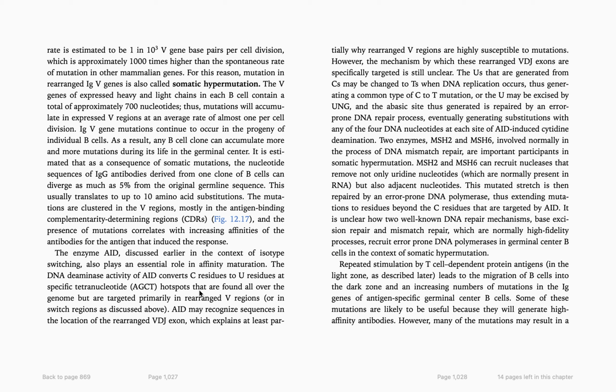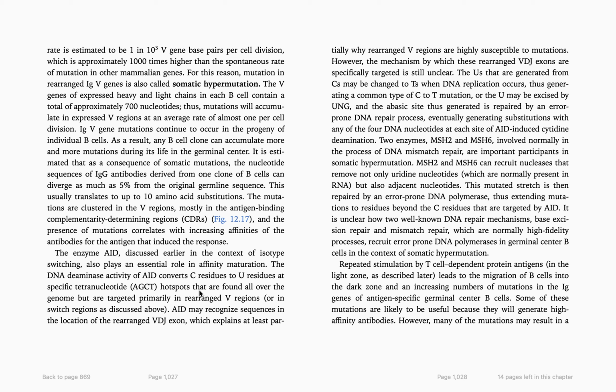Two enzymes, MSH2 and MSH6, involved normally in the process of DNA mismatch repair, are important participants in somatic hypermutation. MSH2 and MSH6 can recruit nucleases that remove not only uridine, a nucleotide normally present in RNA, but also adjacent nucleotides.